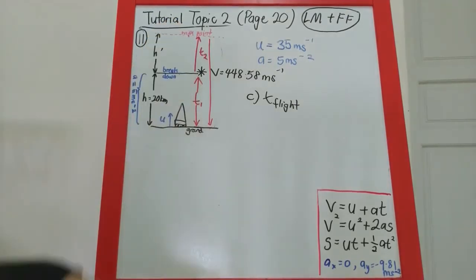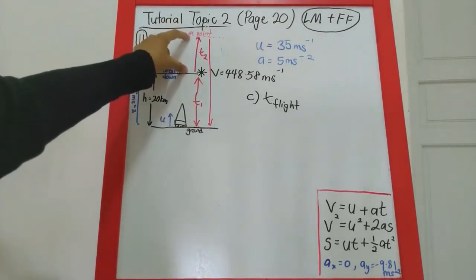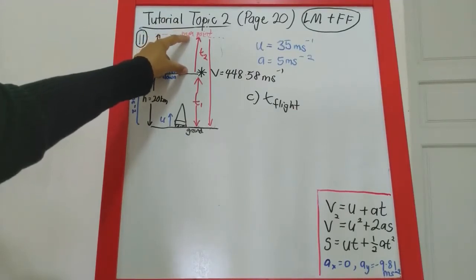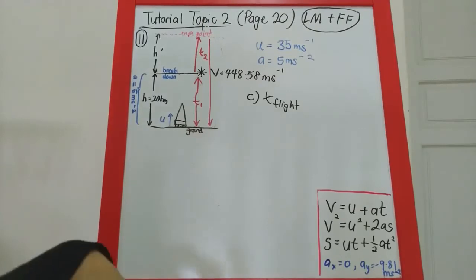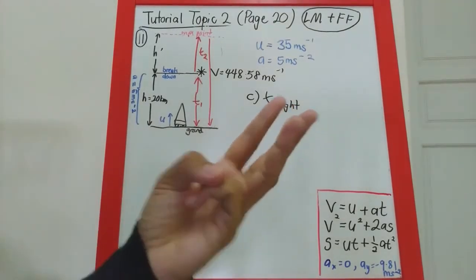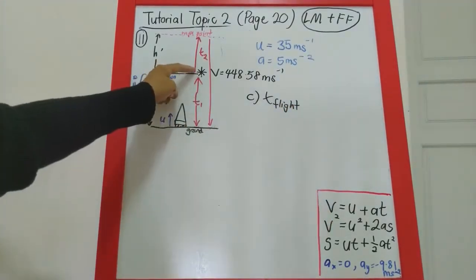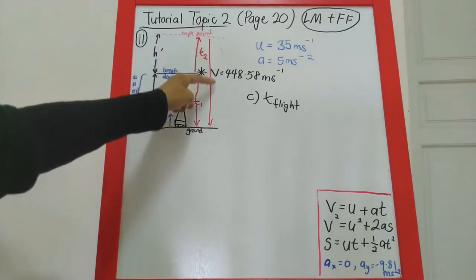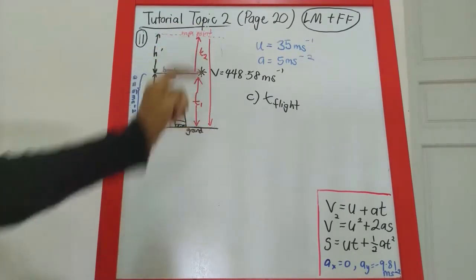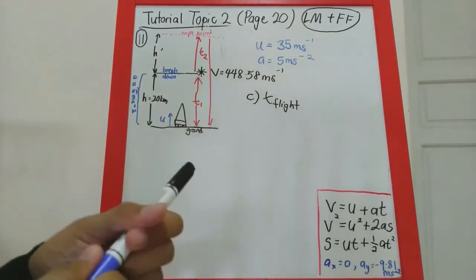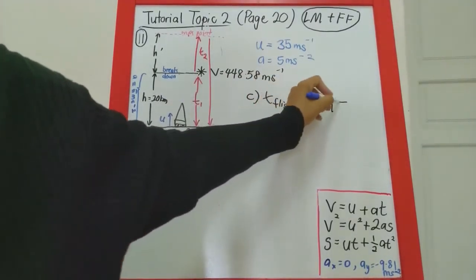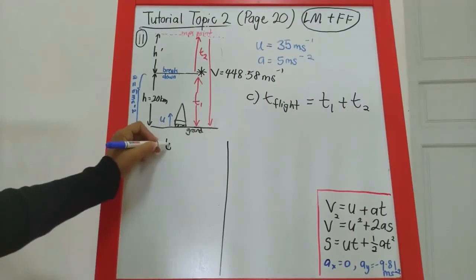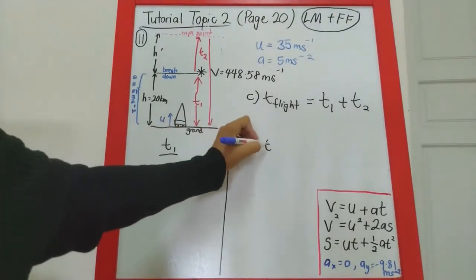Well, you can actually find the time from here to here, and then you can find another time from here to here. You need to calculate 3 times. But if you do the time from here back to the ground, you only need to do 1 time. In order to find the total flight, you need to do T1 and T2. This is T1, this is T2.